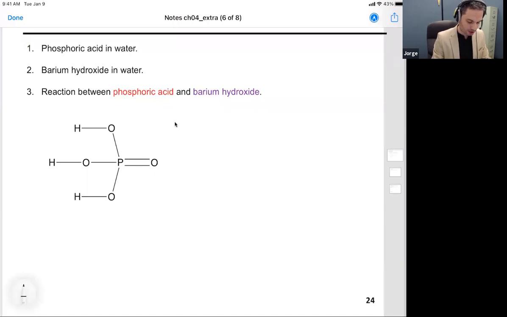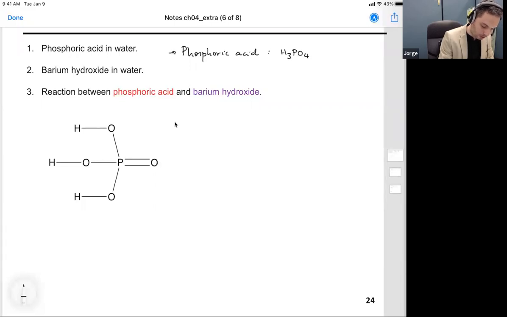So let's start here with phosphoric acid. The first thing you have to remember is the formula of phosphoric acid, and that's going to be H3PO4. Okay, so this has to be on the top of your head.